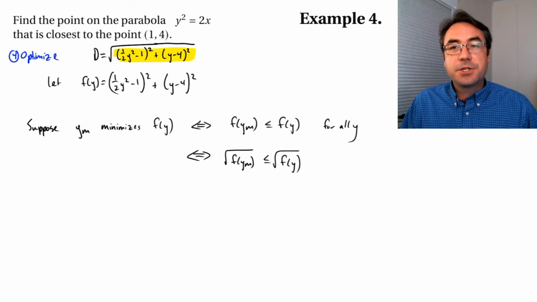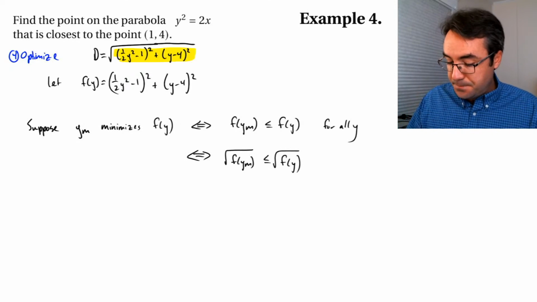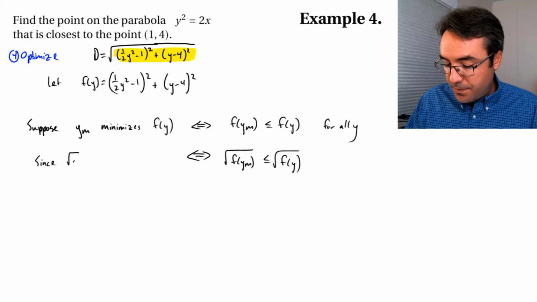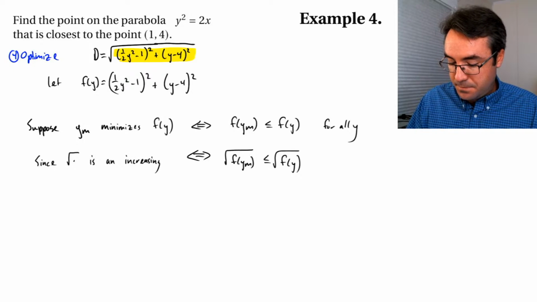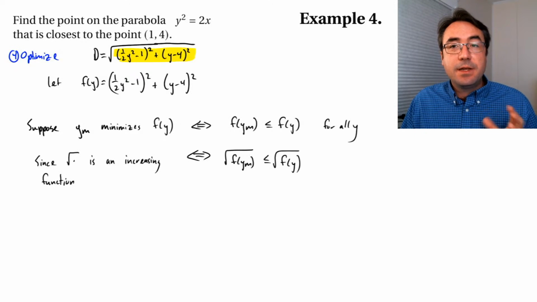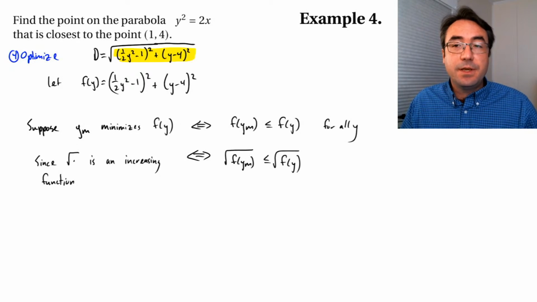The square root function actually behaves nicely with inequalities. Since the square root function is an increasing function, we can apply it to both sides of an inequality, and it preserves the direction of the inequality.